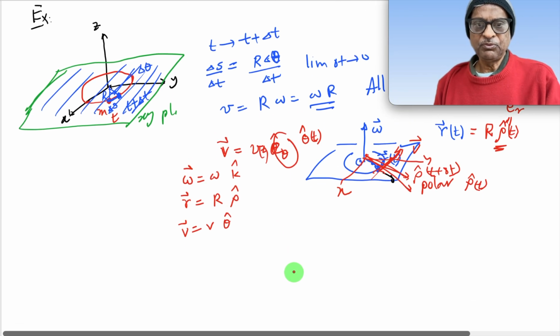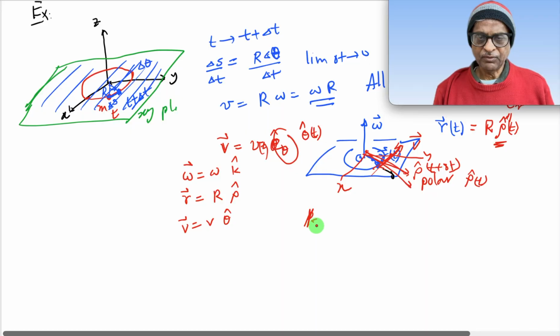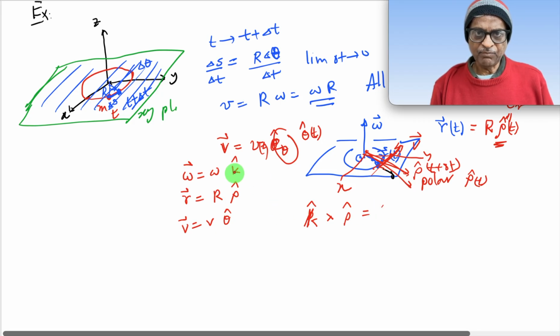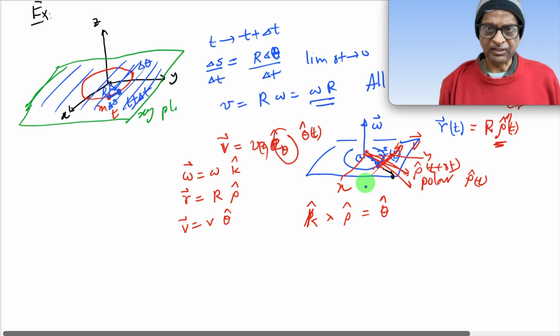So if you know that k hat cross rho hat, this cross this is actually going to give you theta hat. These are unit vectors. You can actually check it.